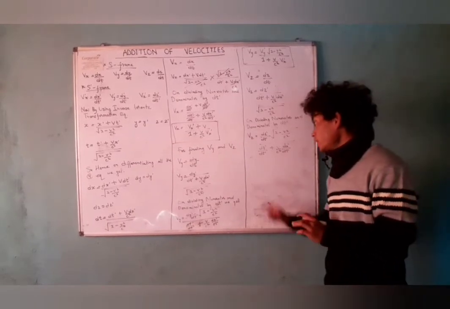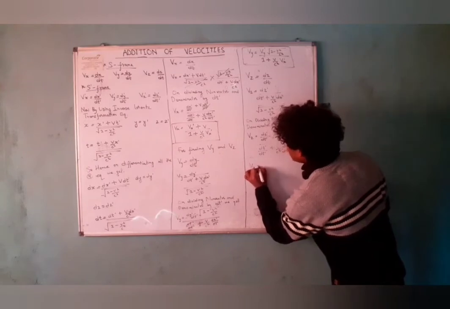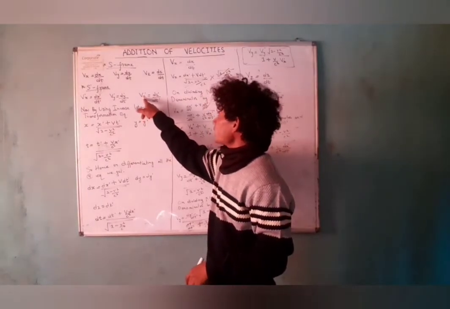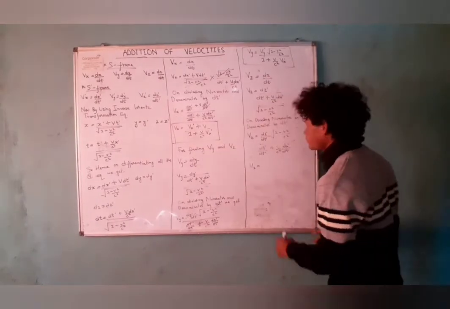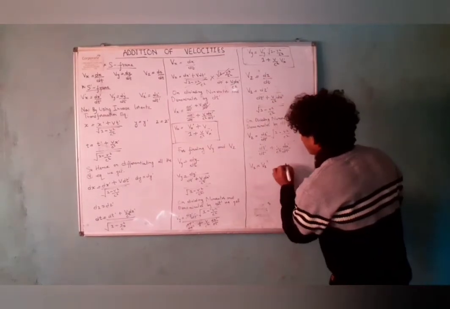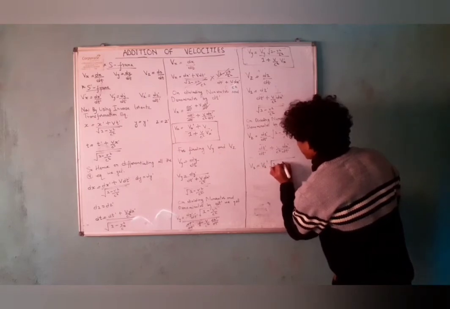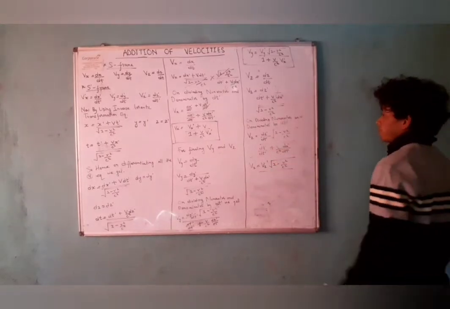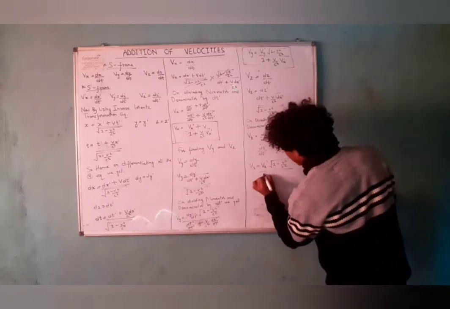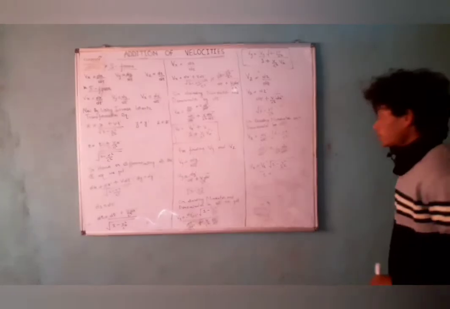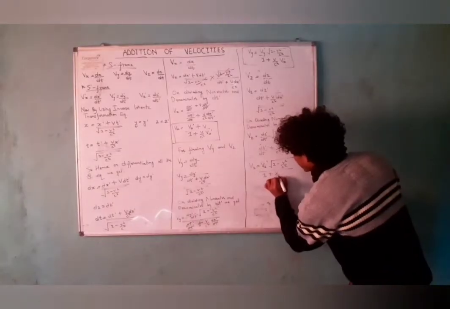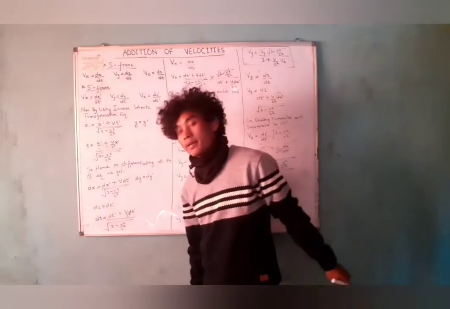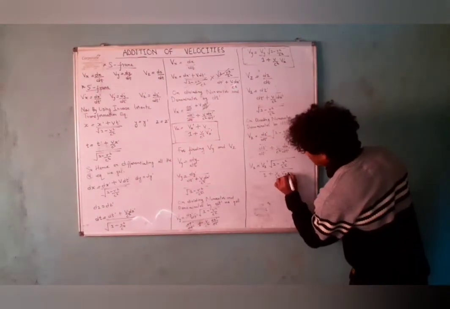Hence, on manipulation we'll get Vz equals to dz by dt, we can also write dz prime by dt prime as Vz prime, as we have written earlier, Vz prime into root over 1 minus v square by c square, divided by, dt prime and dt prime get cancelled out of each other, and we'll get 1 plus v by c square dx prime by dt prime, which we can also write as vx prime.